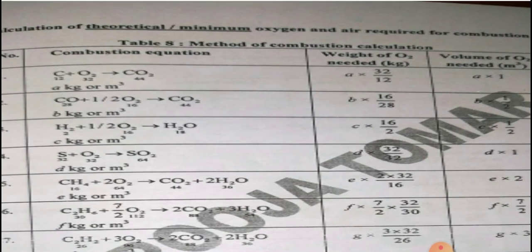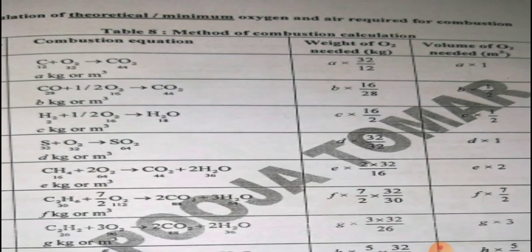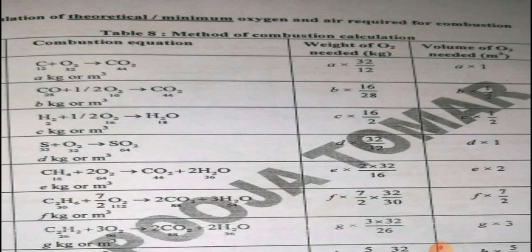Likewise, we can also express the calculation for hydrogen. Hydrogen combines with half mole of oxygen to form the combustion product H2O. On the basis of weight, 2 kilogram of hydrogen requires 16 kilogram of oxygen to form 18 kilogram of water. So 1 kilogram of hydrogen will require 16 by 2 of oxygen.